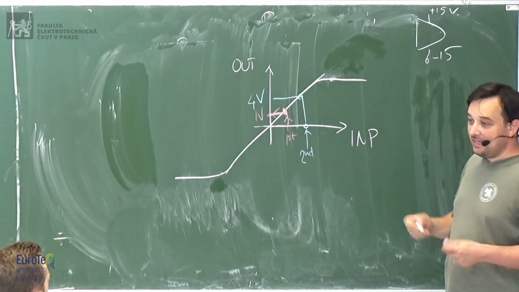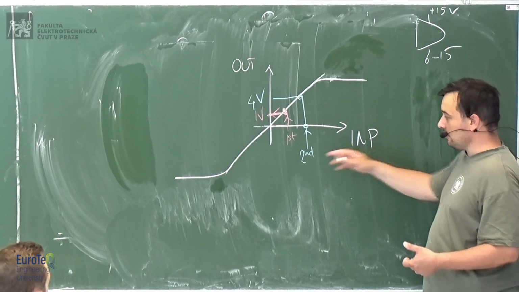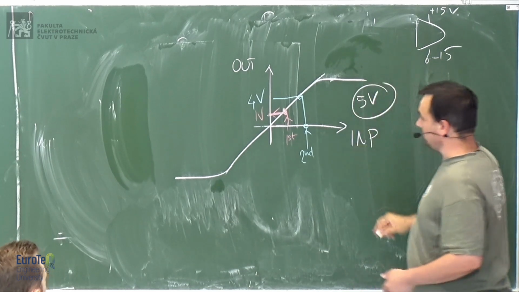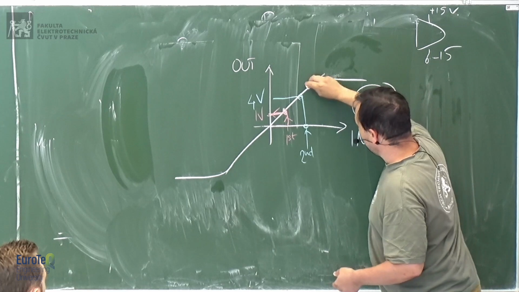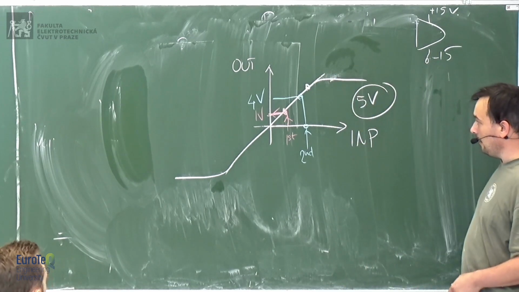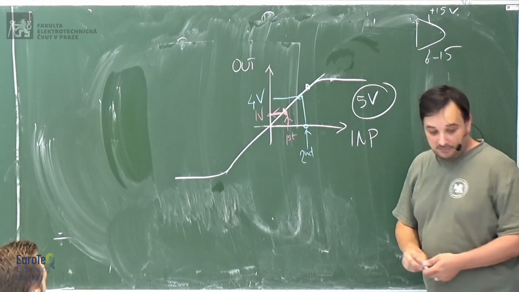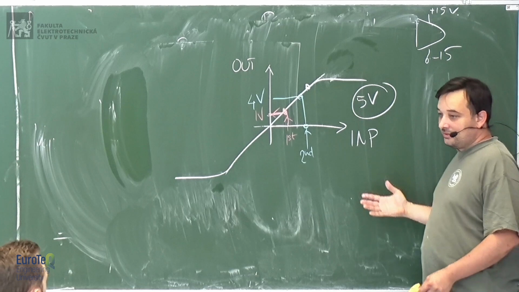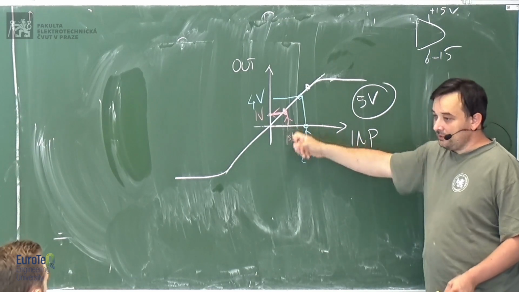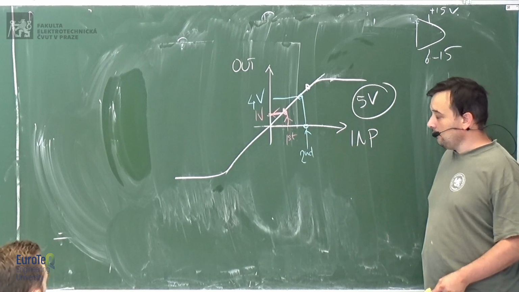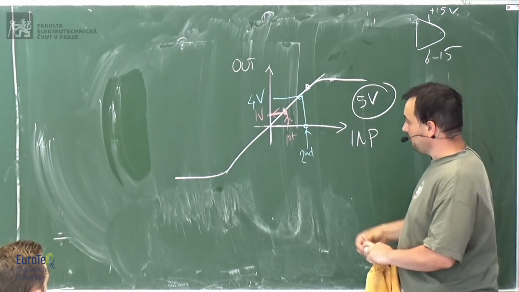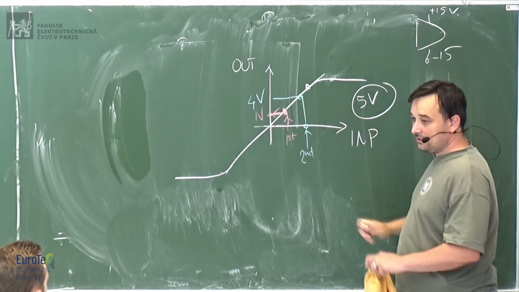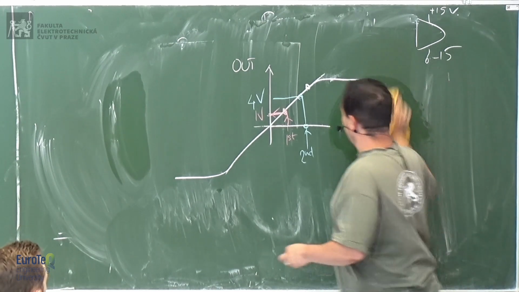You sum the effects of the first and the second input, and you get 5 volts. That is your output, so you will be here. That's fine, you are in a linear range, and that's why you can sum the effects. Everything is hunky-dory.